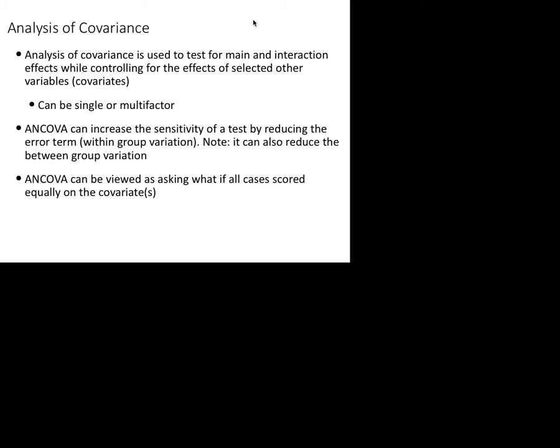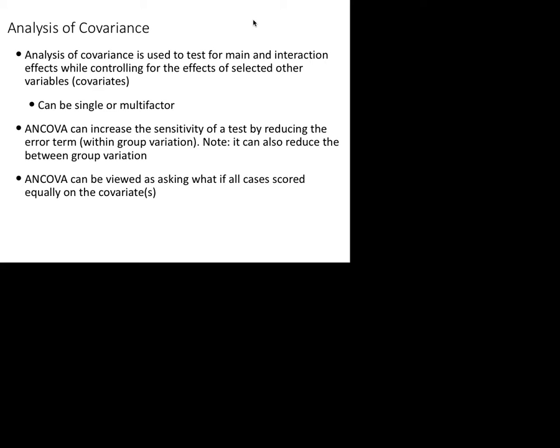ANCOVA can be viewed as asking, what if all cases score equally on your set of covariates? So you determine what you want to covary out of your analysis, and that's normally determined based on theory. Theoretically, what do I need to remove from the analysis so I can have more confidence in the results? That would be the first step.